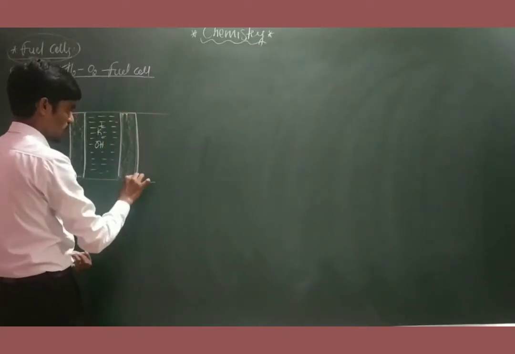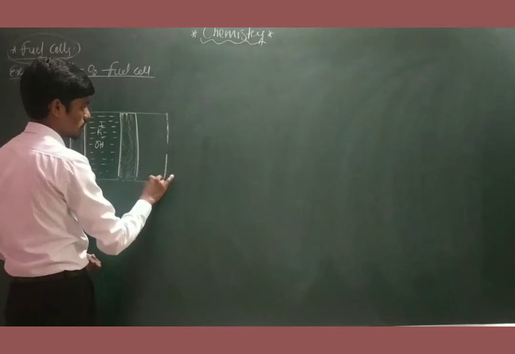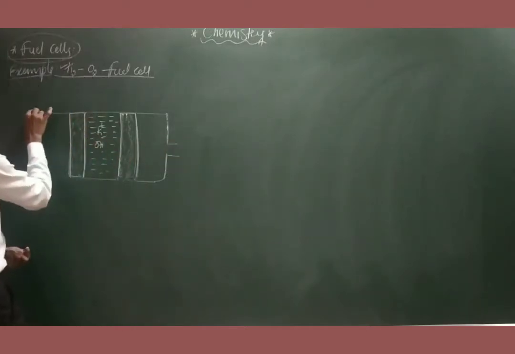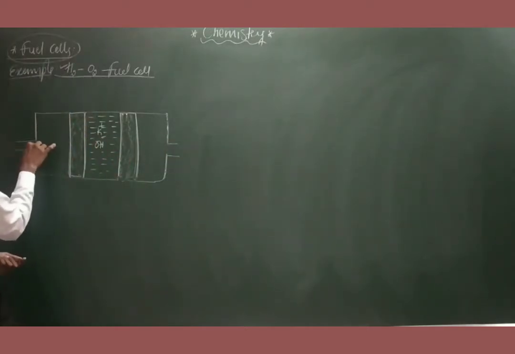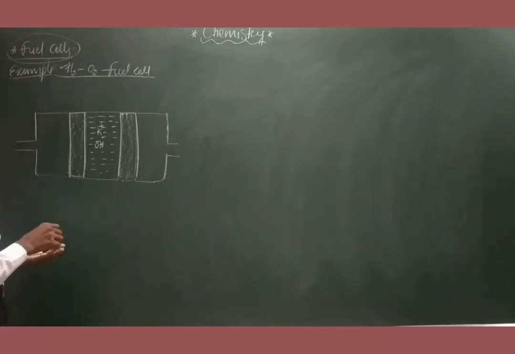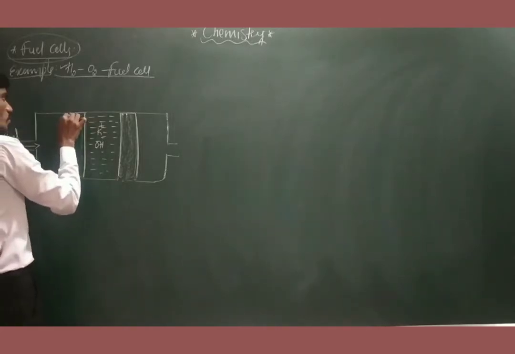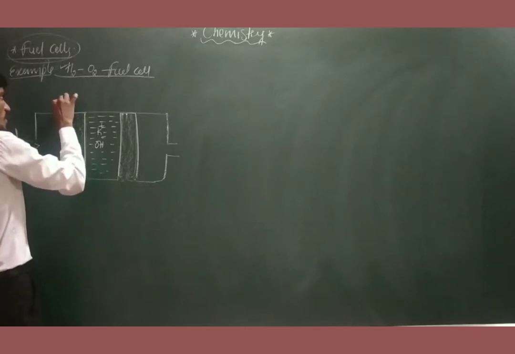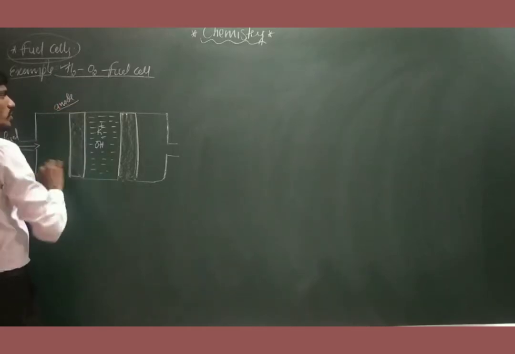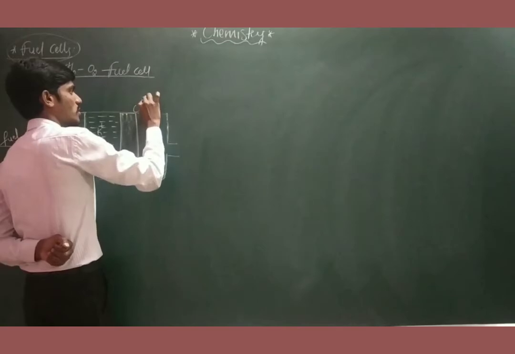These are graphite electrodes, and these are the compartments where we are feeding the fuel and the supporter. Here, from one end, fuel is introduced into the compartment; this is the anode compartment, and this one is the cathode.